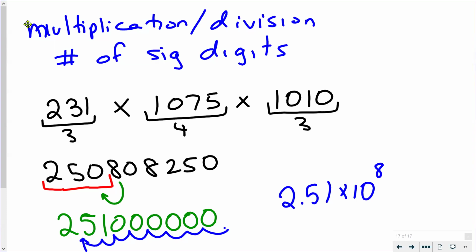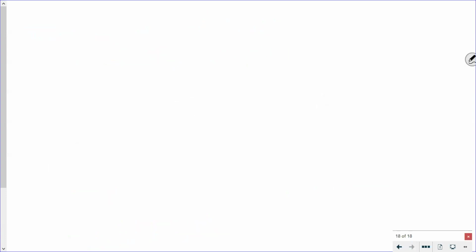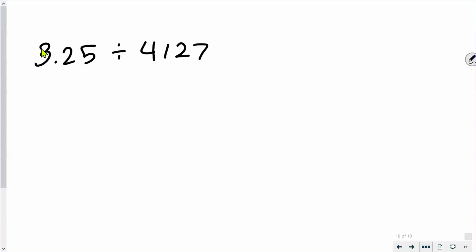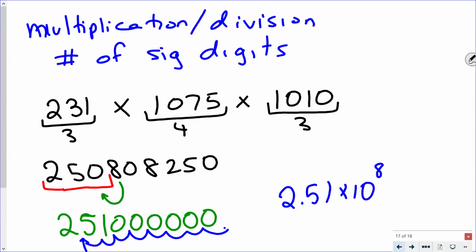You want to do a division one? Yeah. I want to see this as reference for the picture. 3.27 divided by 4127. Yep, that'll give me the number I need.